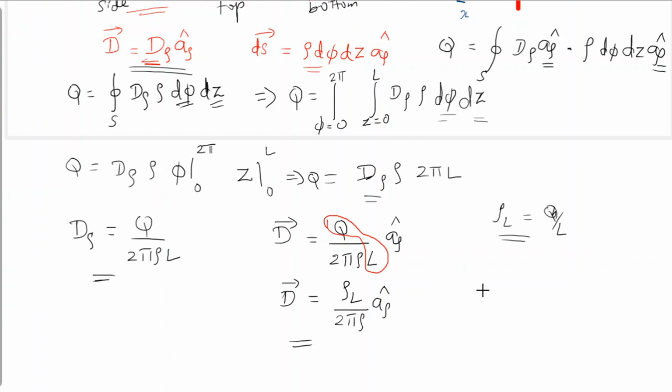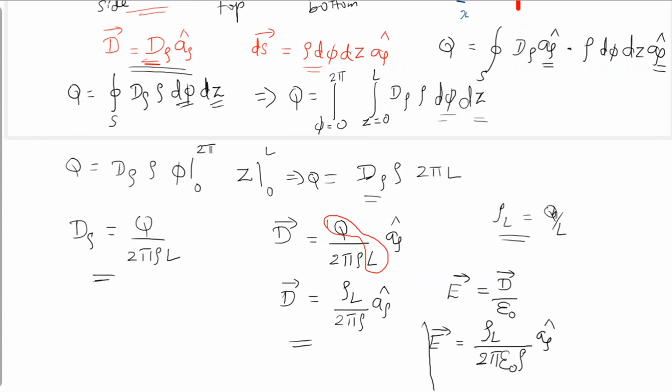I need the E vector. What is the relation between the D vector and the E vector? D is equal to epsilon E, or in other words, I know that the E vector is the D vector divided by epsilon naught in the case of free air. So the E vector is the D vector, substituting for the D vector from here, rho L by 2 pi epsilon rho a rho.